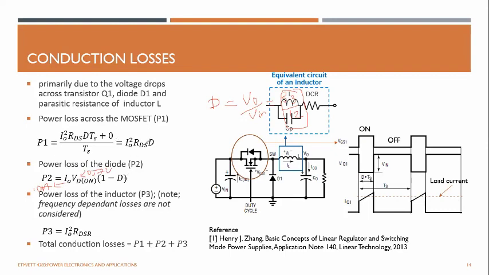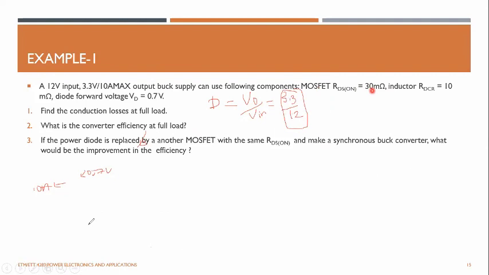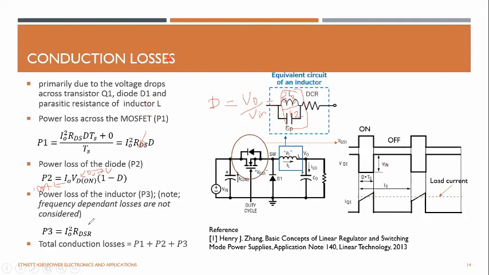And the duty ratio we know, and R DS on of the MOSFET is 30 milliohm, and this one is 10 milliohm. So by substituting, you can get these values.